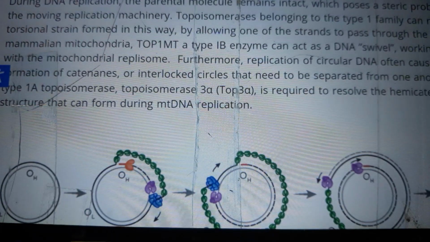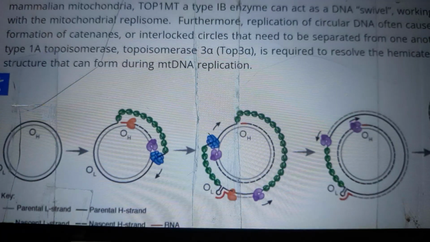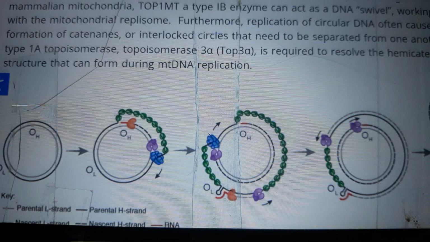During DNA replication, the parental molecule remains intact, which poses a steric problem for the moving replication machinery. Topoisomerases belonging to the type 1 family can relieve torsional strain formed this way by allowing one of the strands to pass through the other. In mammalian mitochondria, TOP1MT, a type 1B enzyme, can act as a DNA swivel, working together with the mitochondrial ribosome.